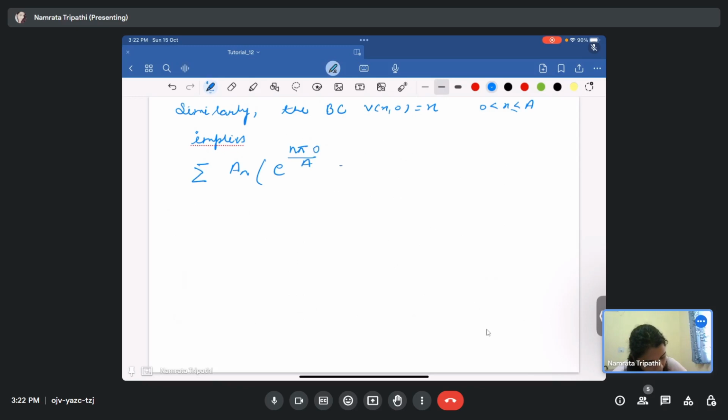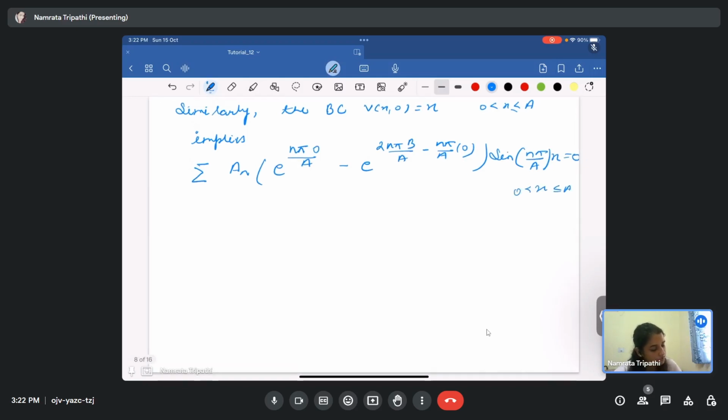And the second term is e to the power 2 n pi b by a minus n pi upon a into 0 at the place of y, and sine n pi upon a x is equal to 0, where x is from 0 to a.